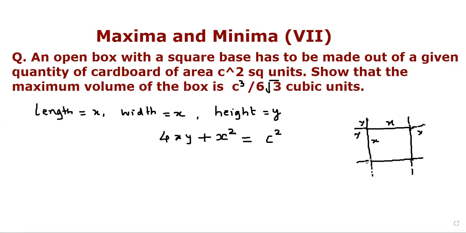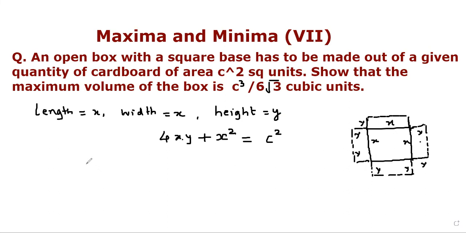So this would be the open box, and the area of the material used will be equal to, this is x, so this will be x by y, this will also be x by y, and this will also be x by y. So that is why 4xy plus x square equals c square.